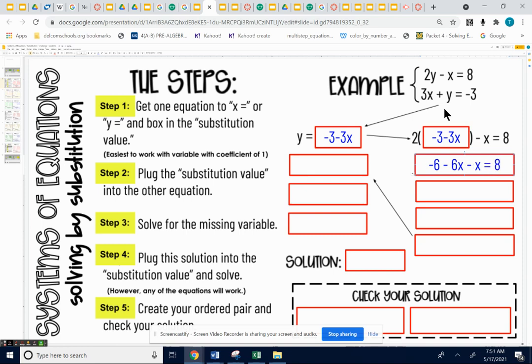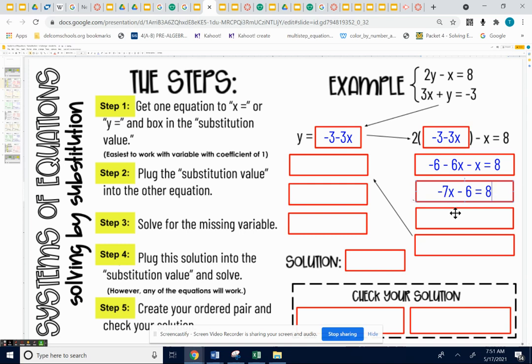So I have negative 6 minus 6x minus x equals 8. Keep solving and get your like terms together. The negative 6x and the negative 1x make negative 7x. So I get negative 7x minus 6 equals 8.